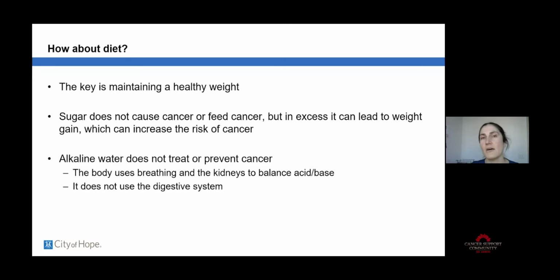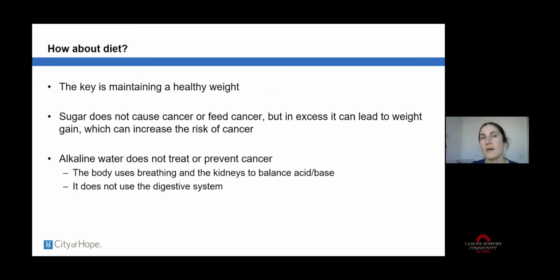And then the other thing that's relatively common out there is alkaline water as a way to prevent cancer, because it's thought cancer likes an acidic environment. And so if you drink alkaline water, that'll kill off the cancer, but not really. The cancer can have an acidic environment just because it's growing quickly and outgrowing its blood supply, and that leads to that acidic environment.